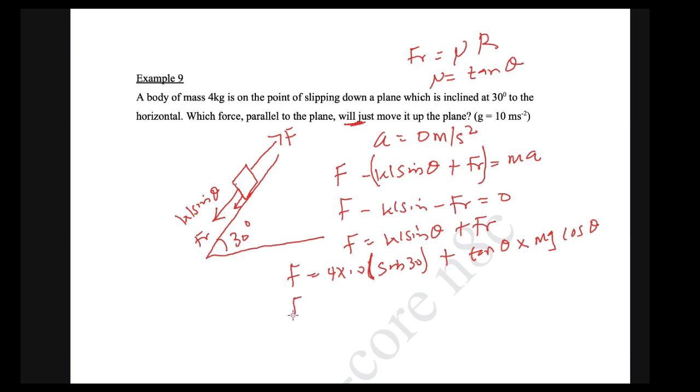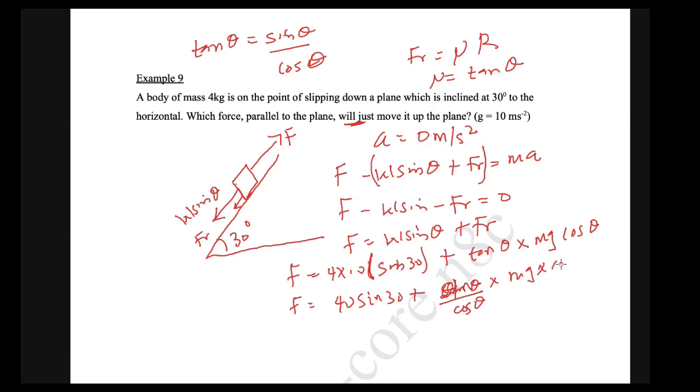So this is going to equal 40 sine 30 plus tan theta times mg cos theta. Remember we said that tan theta is equal to sine theta over cos theta, right? So let me write tan theta as sine theta over cos theta multiplied by mg times cos theta, so that cos theta can cancel cos theta.